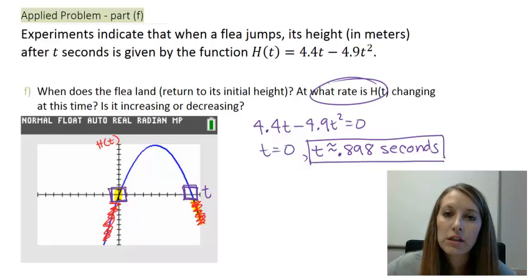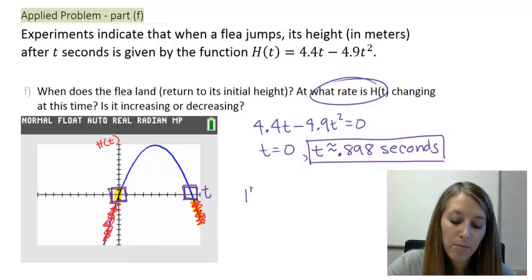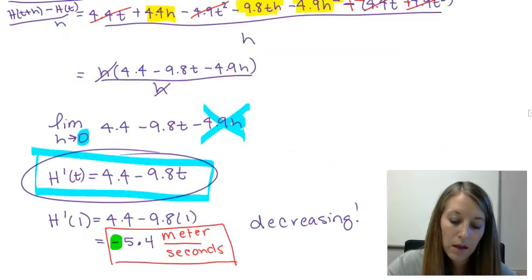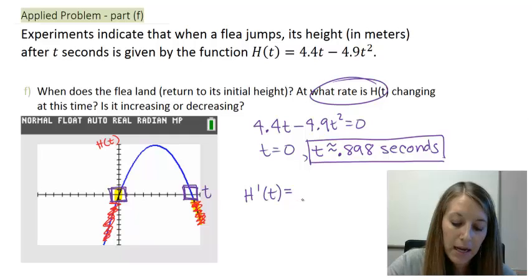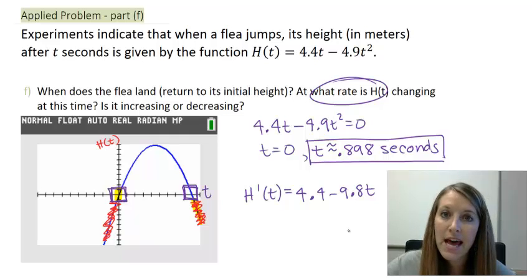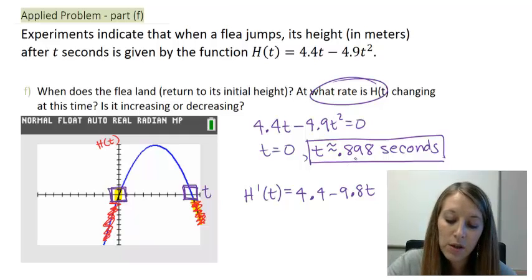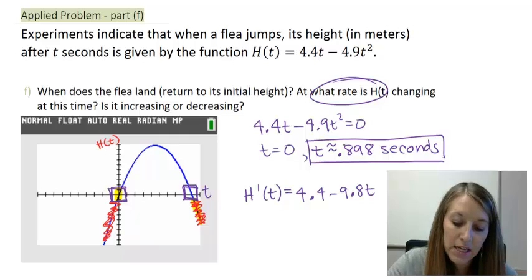The second question then asks, at what rate is our h of t, or our function, changing at this time? Well, the rate is given by the derivative equation, which we computed in part D, which gave us 4.4 minus 9.8t. So if we want the rate at that specific time, all we have to do is plug that specific time into our equation.